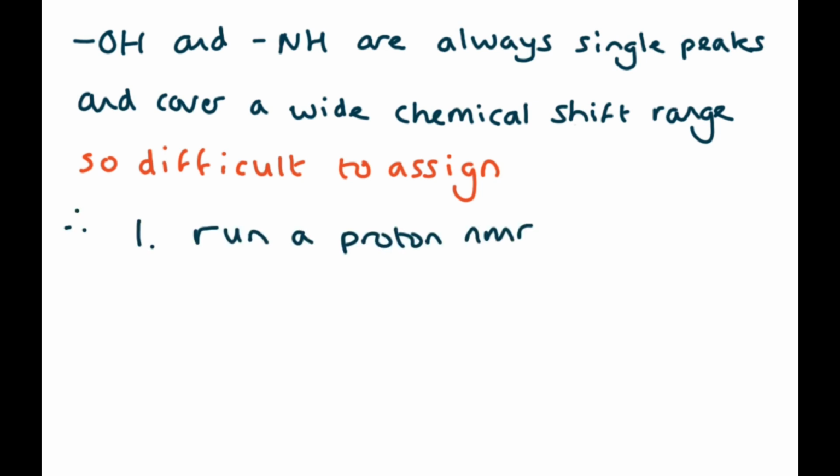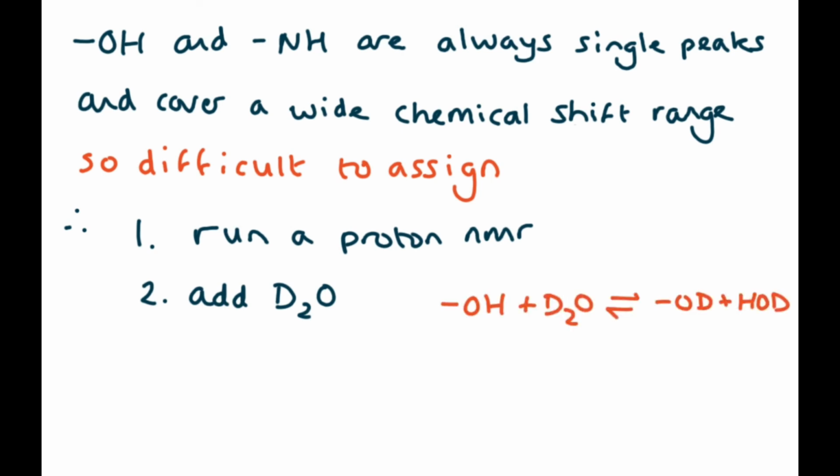So what we do is we first run a proton NMR, then we add D2O, heavy water, to the sample. An equilibrium happens. The OH, and this also happens with NH, the H and the D swap over, so it becomes OD and HOD.